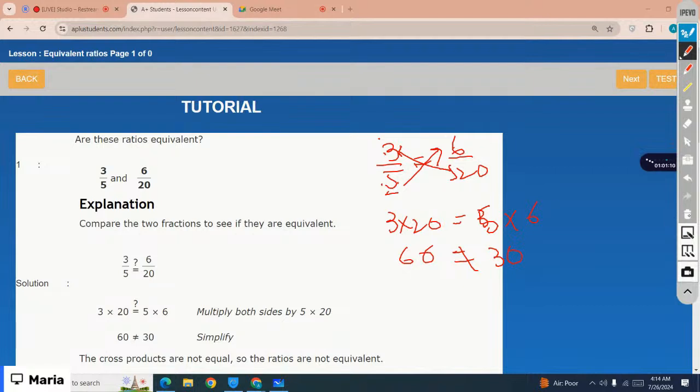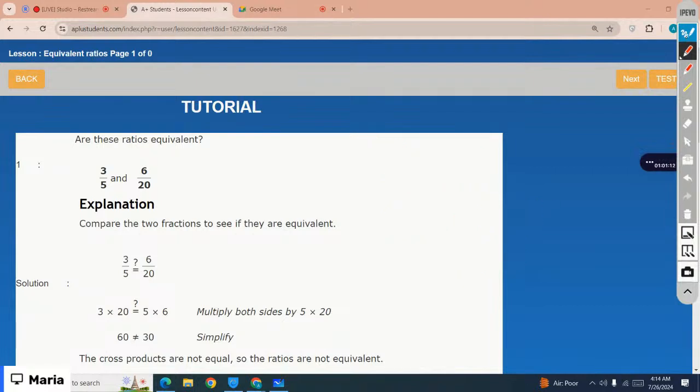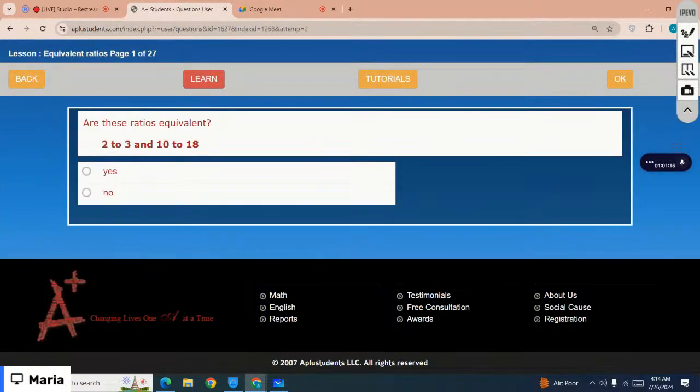Let's start with the test questions. Are these ratios 2 to 3 and 10 to 18 equivalent? Just cross multiply them.